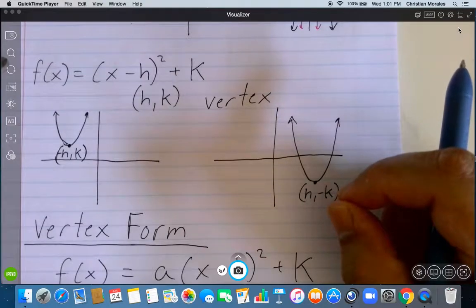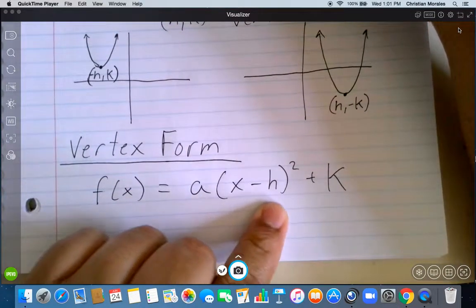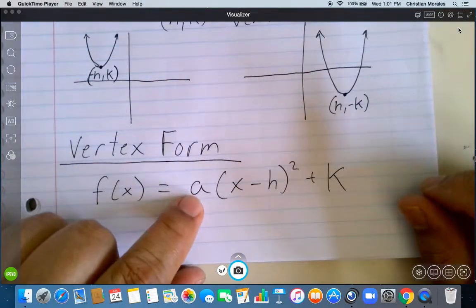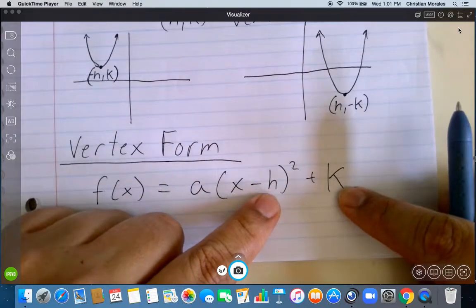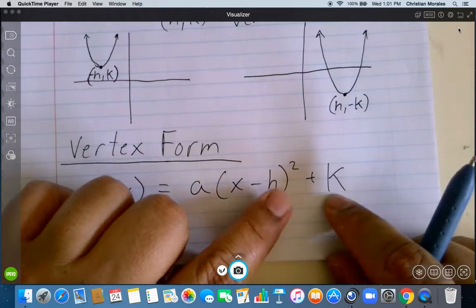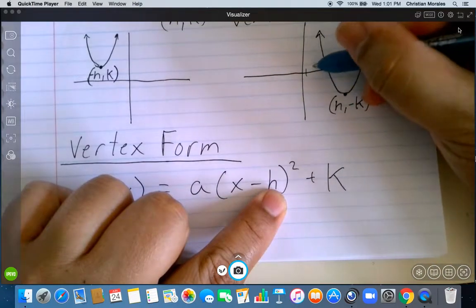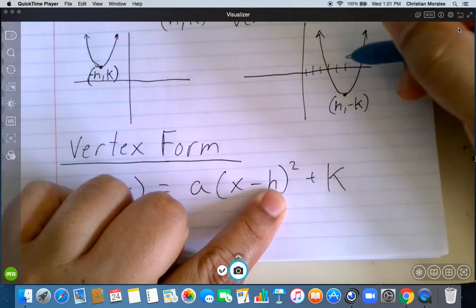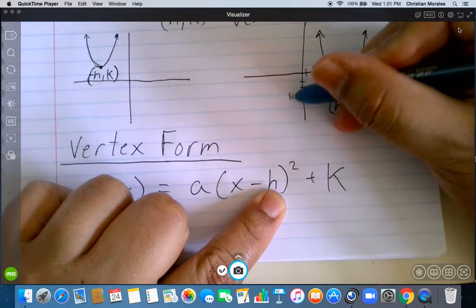So that's how we come across vertex form. In vertex form, this gives you the direction that it's going, and these two numbers will give you the vertex or the center of the graph. Now, if you notice, h and k, h is the x direction, so h is represented on the x-axis, and k is represented on the y-axis.